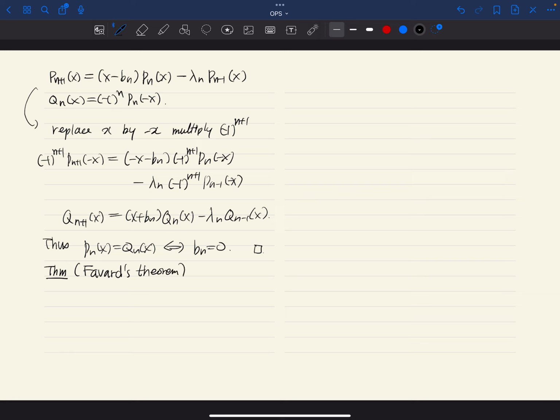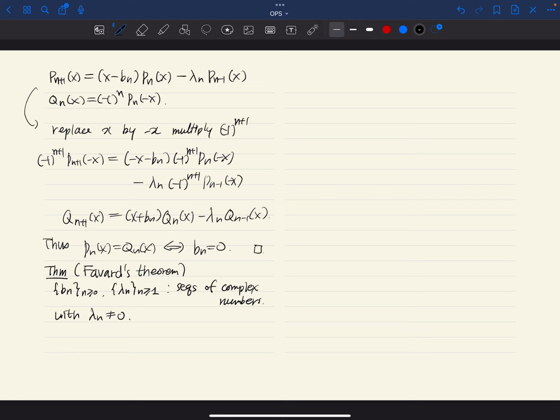So this sequence is indexed from n greater than or equal to 0, and the lambda sequence is where n is greater than or equal to 1. These are sequences of, say, complex numbers. But we have to have this condition: lambda n must be non-zero for all n.